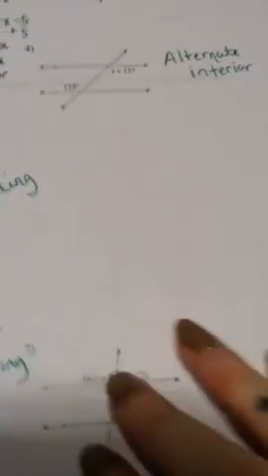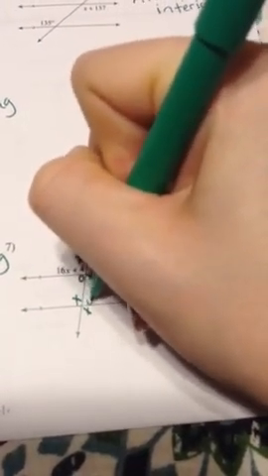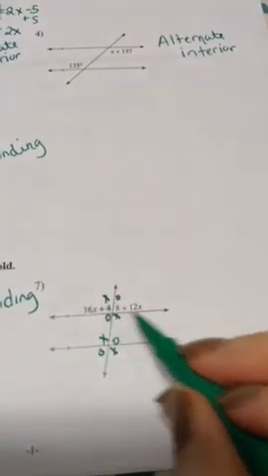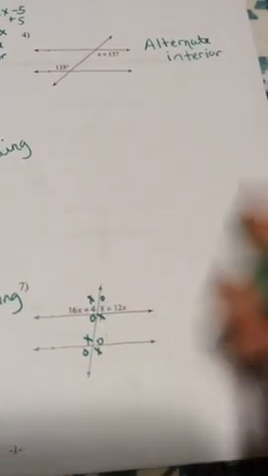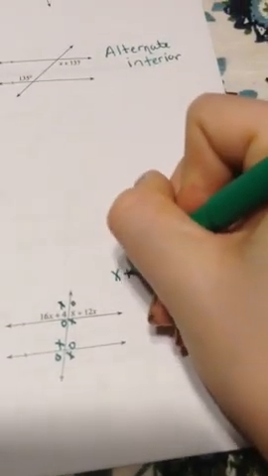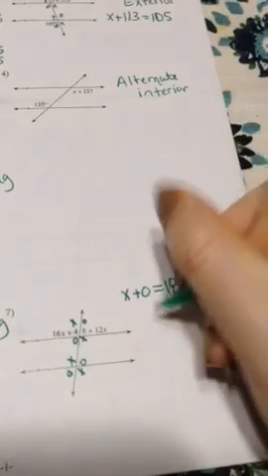When you get to number 7, and you set up your X's and O's, what you notice is that these two expressions, one's an X, one's an O. So they aren't congruent angles, guys. They are supplementary.